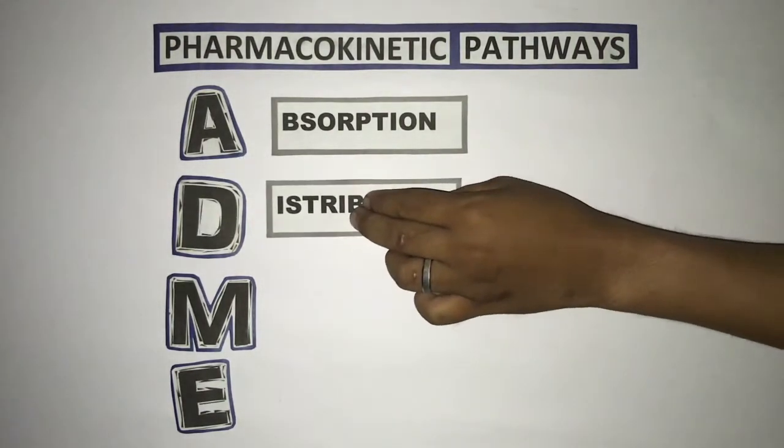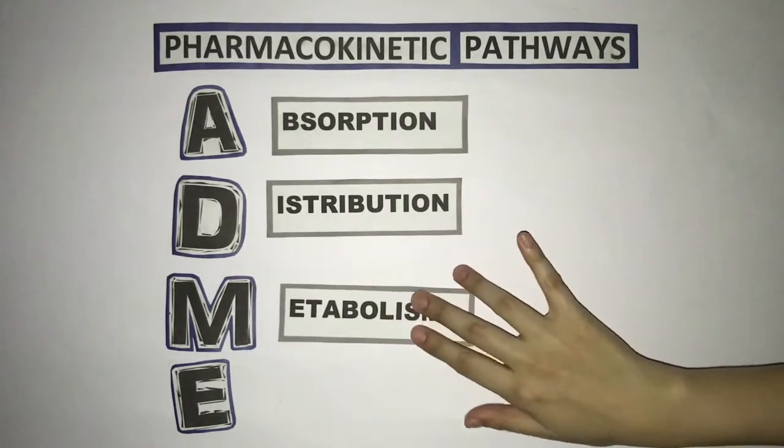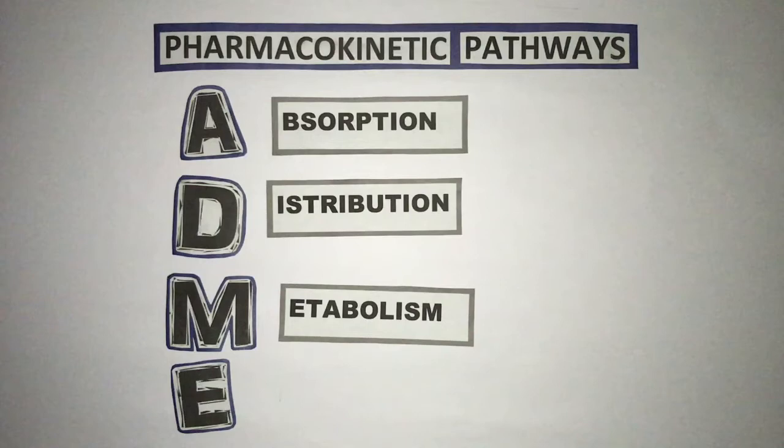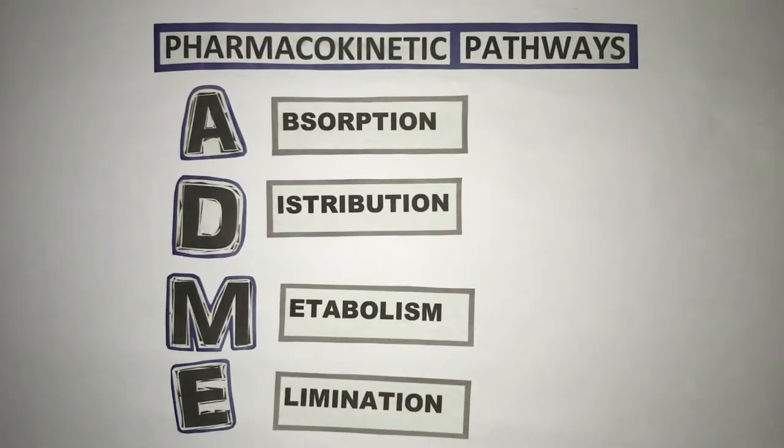Distribution is the process by which a drug reversibly leaves the bloodstream and enters the tissue. Metabolism, also known as biotransformation, is a process which converts drugs into non-toxic and polar metabolites. Elimination is the removal of a drug from the body.